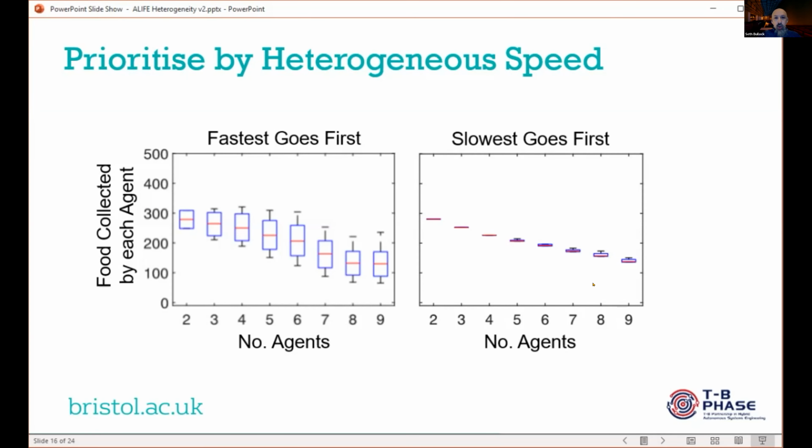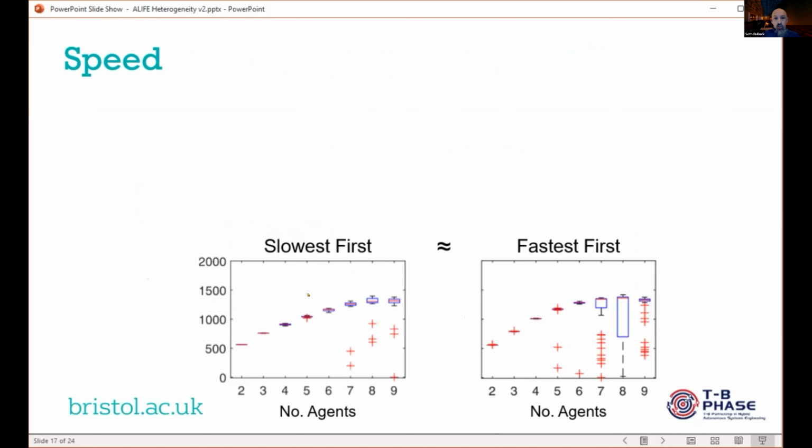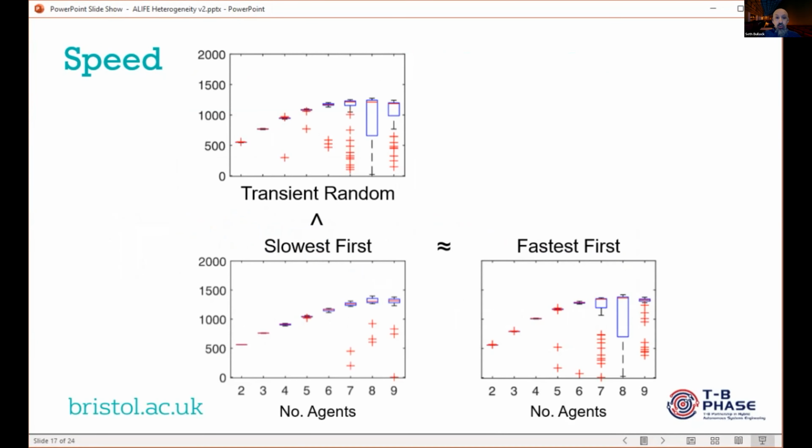And when we compare the overall performance of those two schemes, there's no statistically significant difference between the overall performance. So perhaps surprisingly, slowest first does just as well as fastest first when you consider it over a range of different population sizes. And when we compare that to our null models, they both do better than the coin flipping transient random scheme.